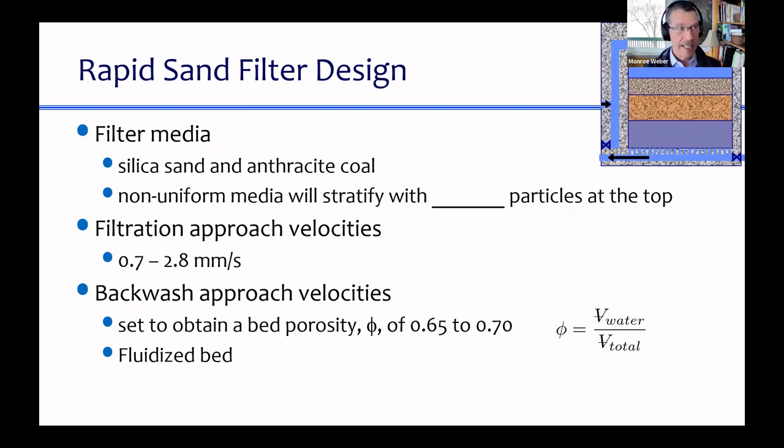Which sand grains most likely end up on the bottom? The ones that were settling faster, right? So the 1 millimeter ones end up on the bottom, and the 0.2 millimeter ones end up on top. So you end up with this non-uniform stratification with the smaller ones on top.